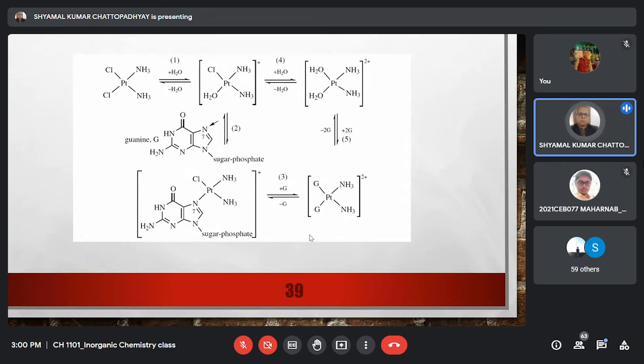So as if some shroud or some cloud is covering the platinated DNA in such a way that the DNA repair enzymes cannot easily detect the damaged DNA and cannot repair it. That's why cisplatin is so active, but transplatin is not at all active.